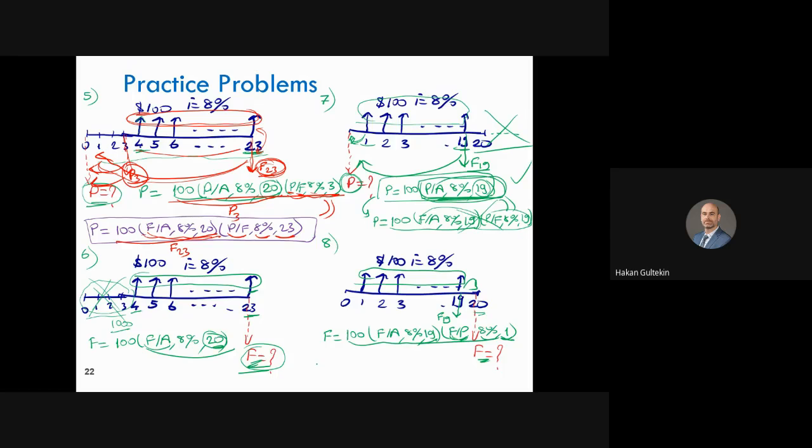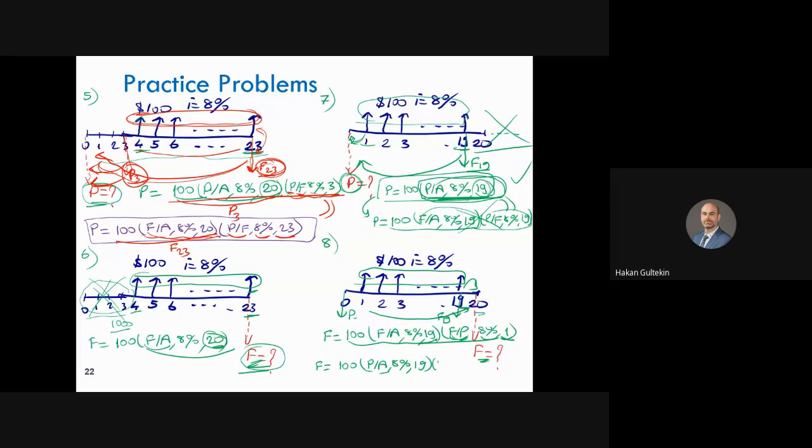And another alternative method can be this one. So I first find the present value of these 19 payments. Okay, so P given A, which means that I find this P, and then I will shift it 20 periods forward.